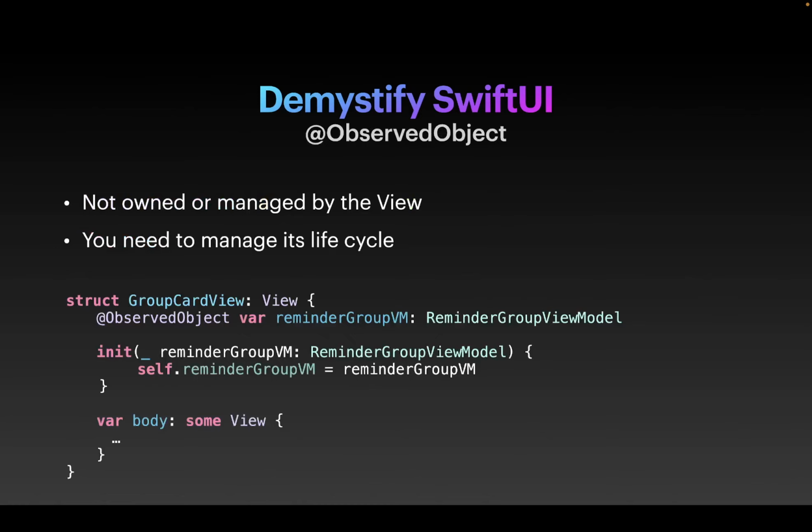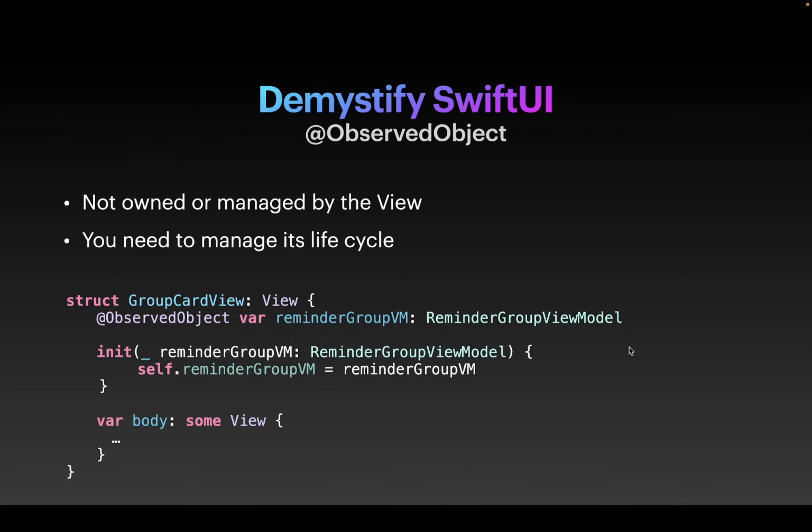Now, let's talk about @ObservedObject. This @ObservedObject is not owned or managed by the current view, and you have to manually manage its lifecycle. Take a look at the code below.